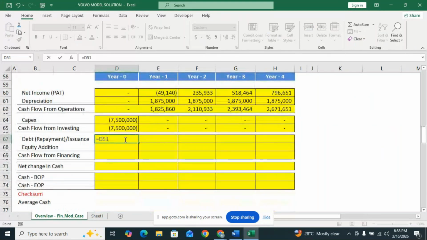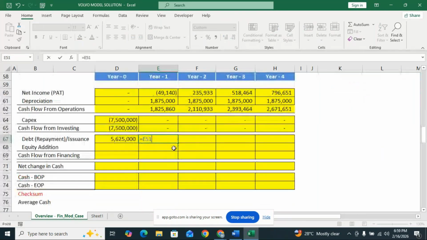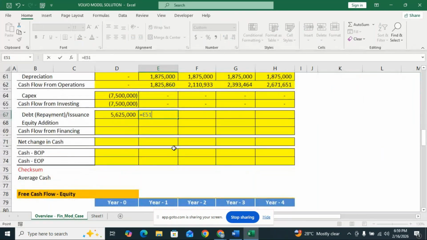The same thing we are going to consider here. So how it has to happen is, minus, it will be 0 for the year, so it will stand by the same amount. And for year 1 equals to, that is, minus the previous year's. Again, every year there is a repayment going on.